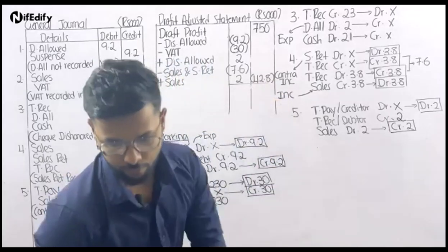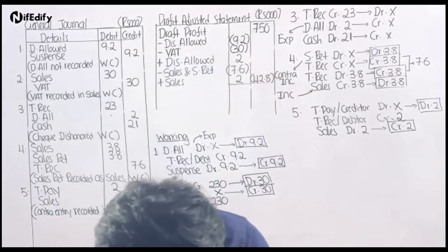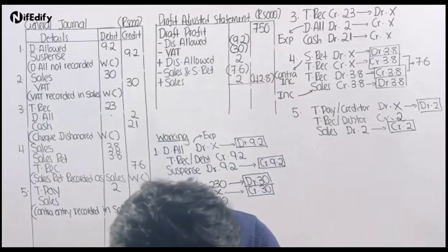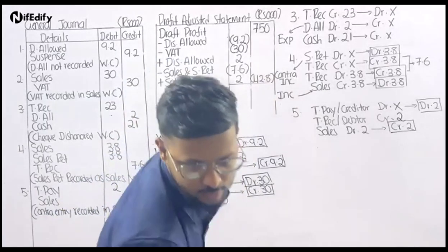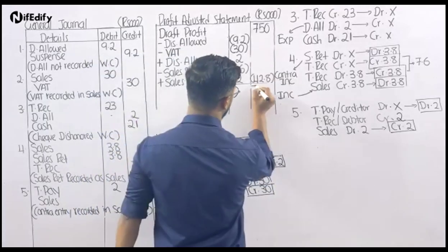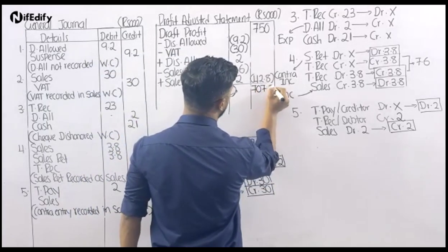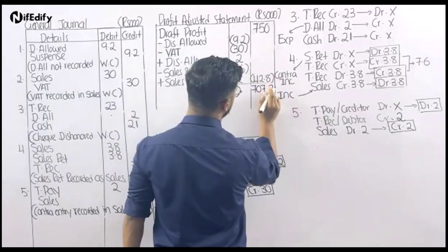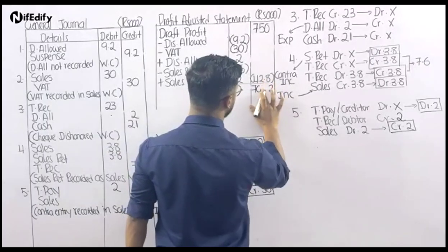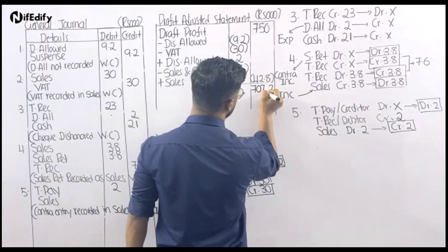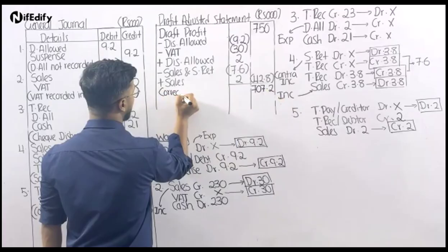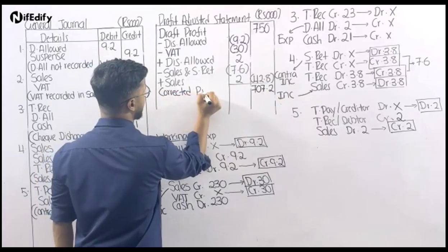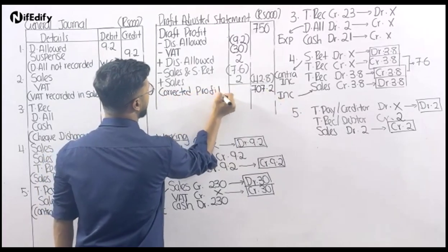Okay, so 750 minus 42.8 gives me my correct profit, which is 7.2, which is my corrected profit.